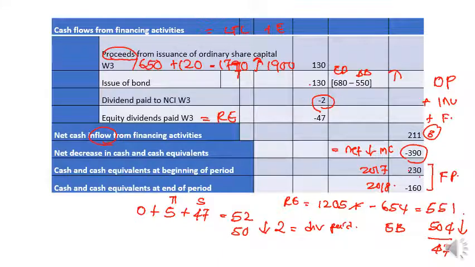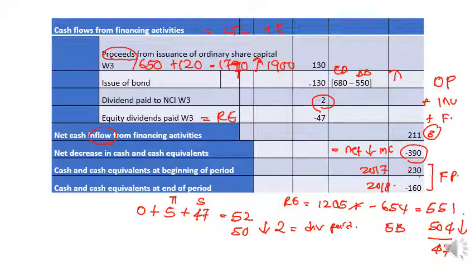So in total you have a net cash inflow of 211 for item number 3. You need to add item number 1, which is from operating, plus investing, plus financing. Altogether you have -390, which equals the net decrease in cash that we calculated previously. Then the cash equivalents at the beginning of the period is 230, so you're going to have cash equivalents at the end of the period of 160.